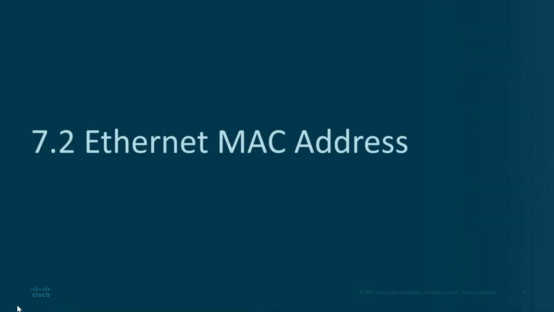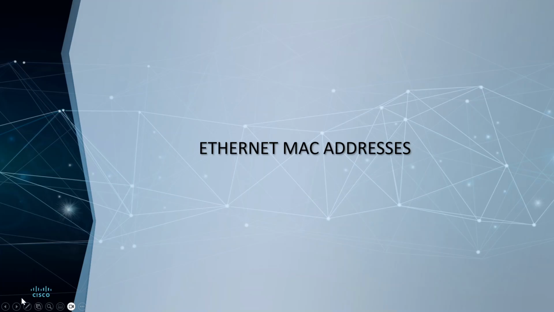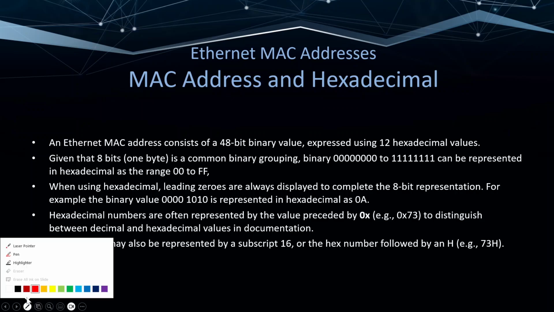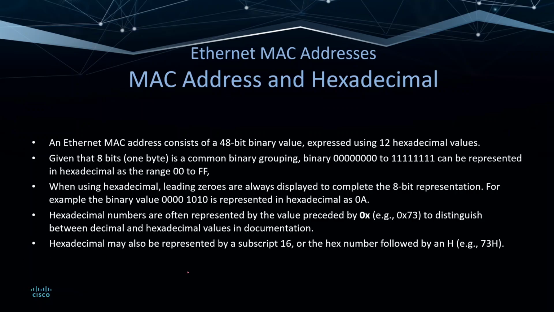Ethernet MAC addresses. MAC addresses are basically 48 binary bits, and they are written in hexadecimal. Let me talk a little bit about MAC addresses. As I mentioned, they are written in hex, and they are 48 bits.